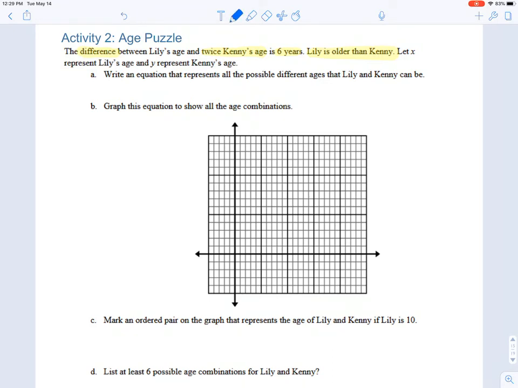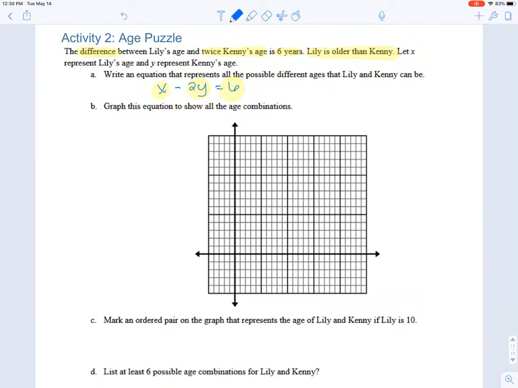So the difference between Lily, who is just her age, and twice Kenny's age, remember difference means subtract here, is equal to 6 years. So that's how I derived my equation. X is equal to Lily's age. I subtract twice Kenny's age from Lily's age, and the difference is 6 years.